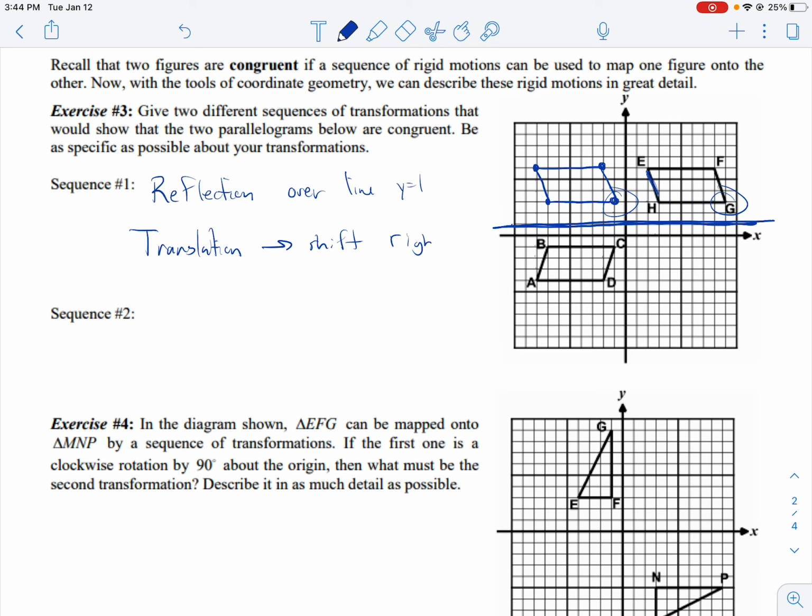So I'm going to shift right 10 units. And by doing so, that will get mapped there, that will get mapped there, that will get mapped there, that will get mapped there. And now our image lands directly on top of that one. So that's our first sequence.